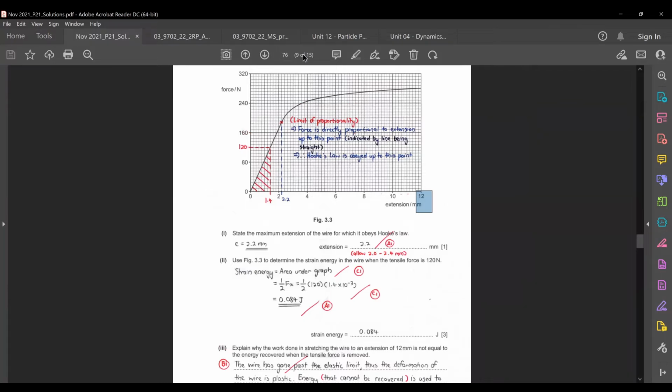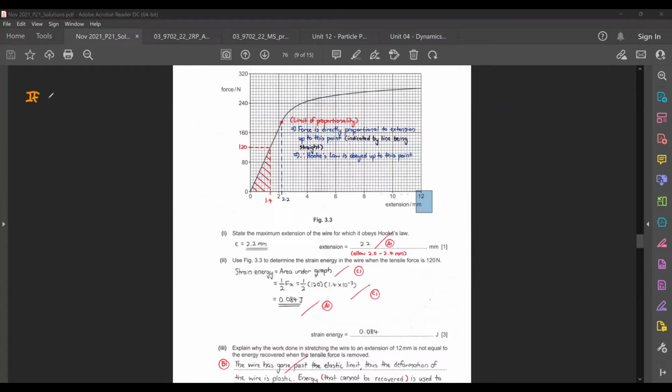If I refer back to this little diagram here that you have, if the elastic limit is not exceeded, I could get a case that looks like this. I load it, it goes all the way up to here.